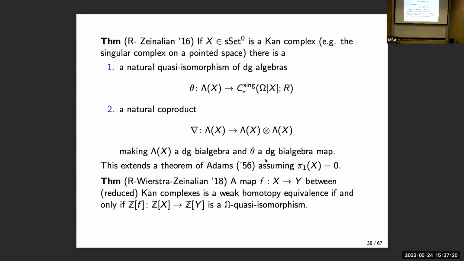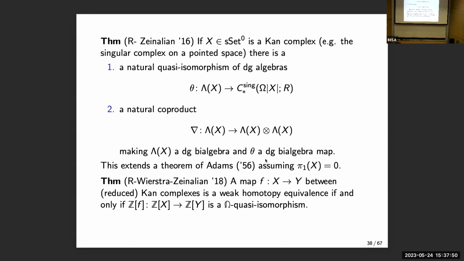Furthermore, this is a statement that is also not too deep, but it wakes you up when you hear it. A map between two complexes is a weak homotopy equivalence if and only if the map at the level of chains is a weak equivalence. So this is sort of a Whitehead type statement. There's this statement of Whitehead, right?